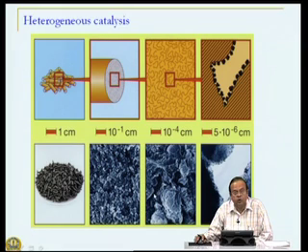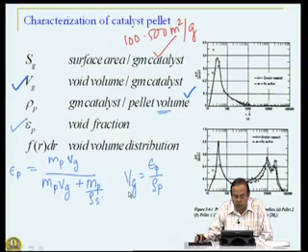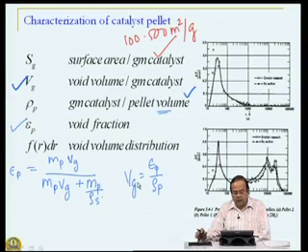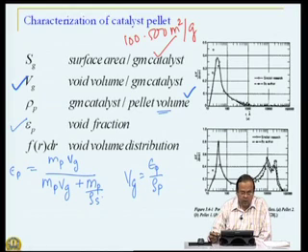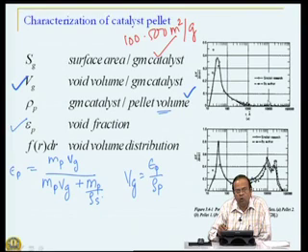So, there is a distribution of this voidage, and this is also an important quantity. For example, in a typical catalyst, there are ways of measuring this void volume by a penetration method, that is, you force mercury to penetrate the catalyst pellet, and the pressure required is inversely proportional to the size of the catalyst pore, and from that one can get a distribution.